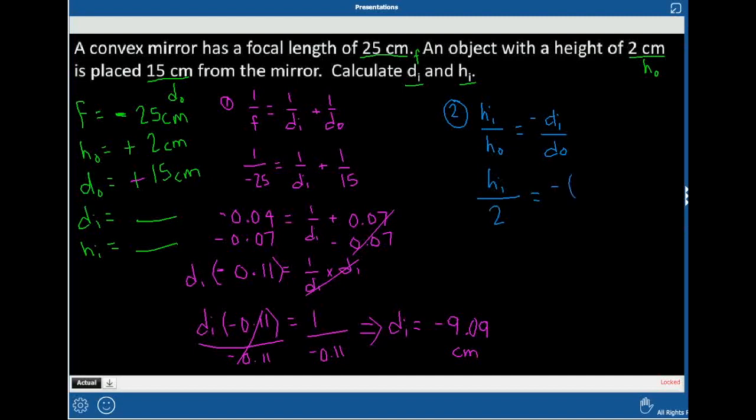You won't have to worry about adding signs at the end. You see these two, they'll cross out, right? They'll become a positive. So I've got 15 HI equals 2 times 9.09, which is 18.18, and it's going to be a positive 18.18 because negative and negative is positive.